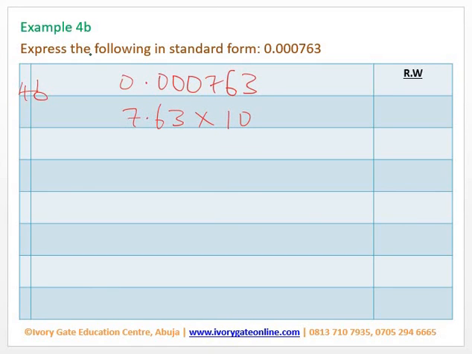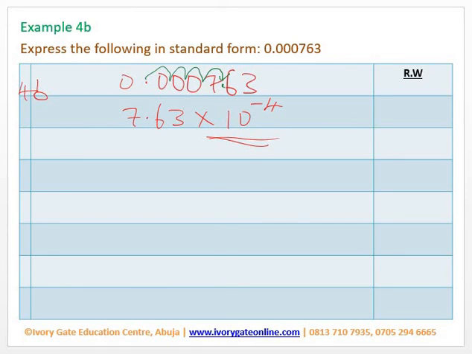How will this move? It needs to be here. So how will it get there? 1, 2, 3, 4. So 4 to the right, which is what? Minus. So we have minus 4 in standard form.